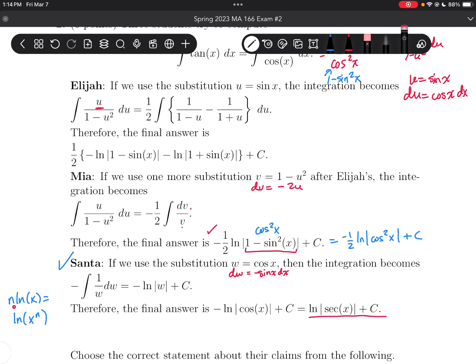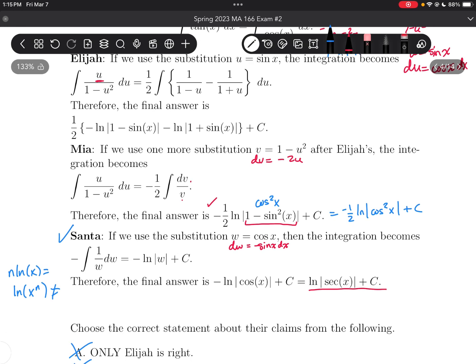So basically, if you have a coefficient in front of a logarithm, you can take that coefficient and make it the exponent for the argument. And I think it's also worth mentioning, do not get this mixed up with this. This is totally different. In this case, the exponent is acting on the entire natural log. This is not equivalent to these two statements. So make sure you don't mix that up.